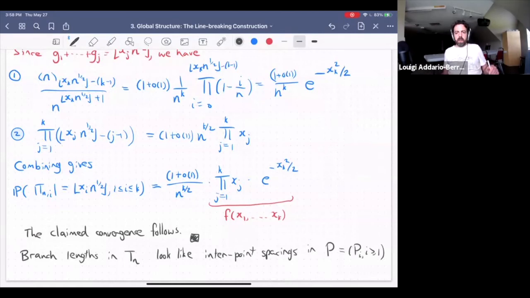And we're going to build on that to understand a bit more about the structure of the tree.